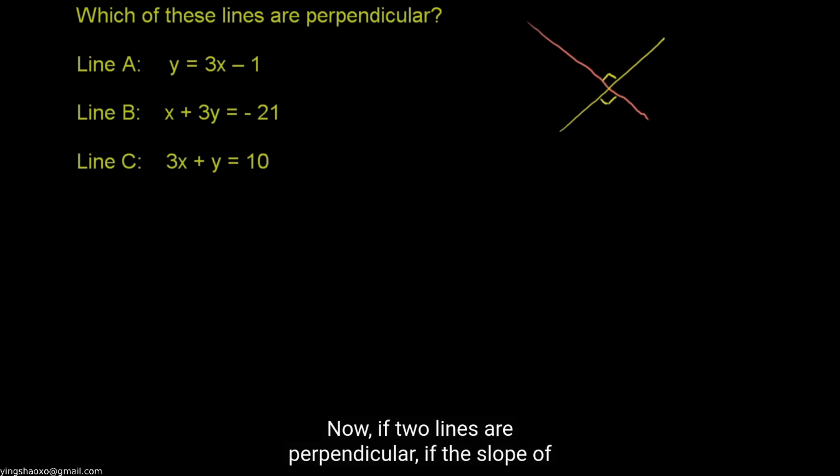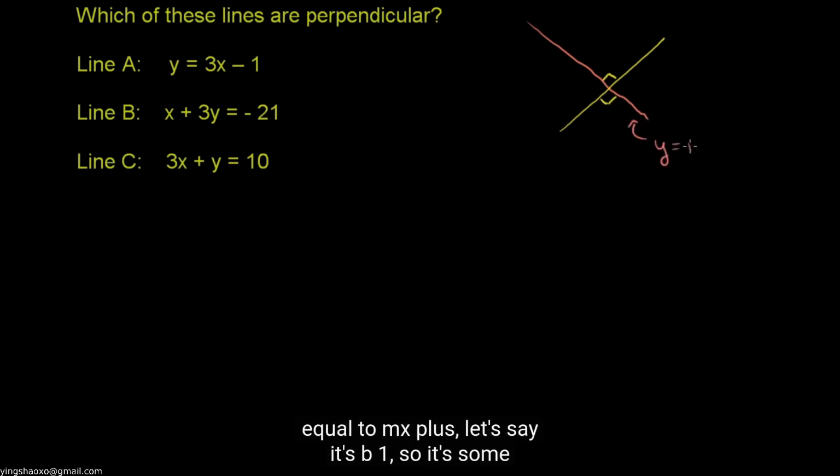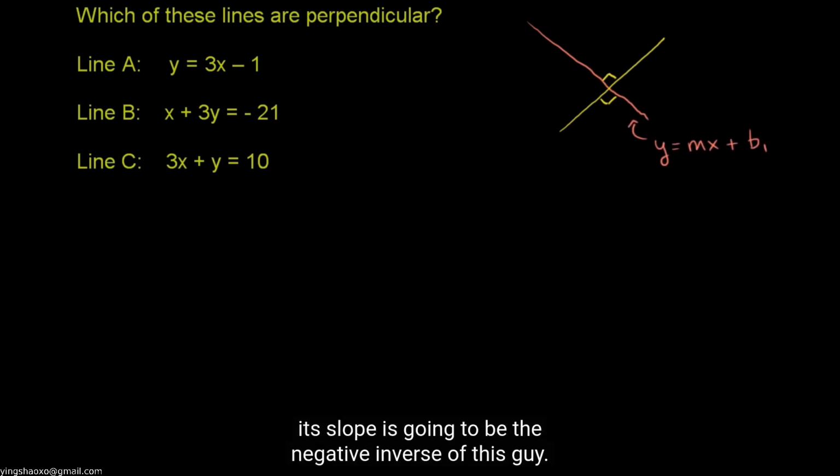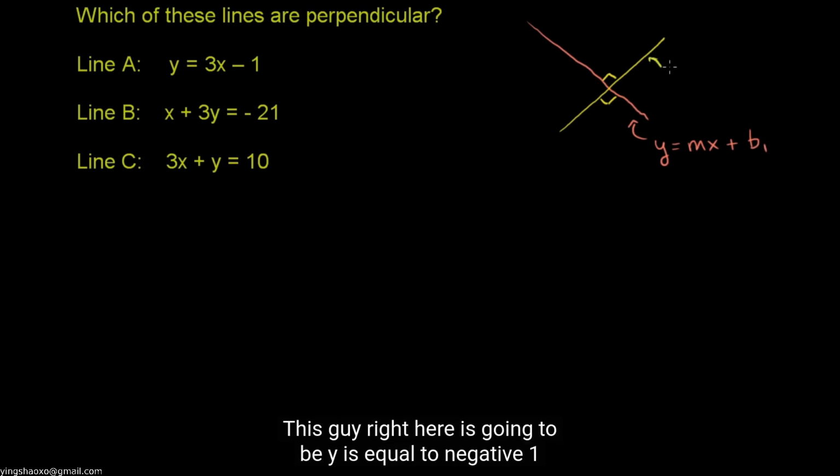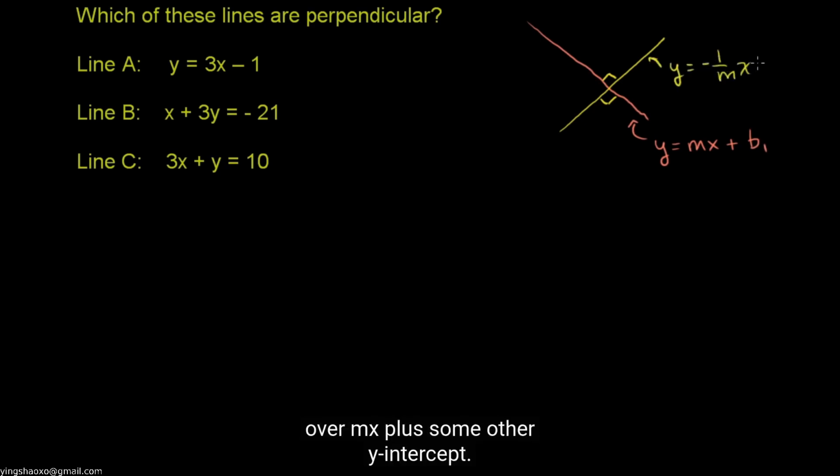Now, if two lines are perpendicular, if the slope of this orange line is m, so let's say its equation is y is equal to mx plus b1, some y-intercept, then for this yellow line, its slope is going to be the negative inverse of this one. It is going to be y is equal to negative 1 over m x plus some other y-intercept.